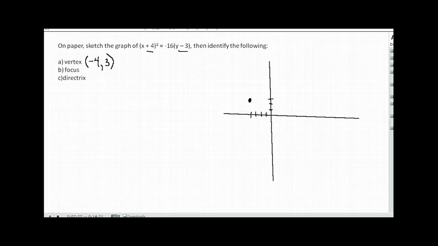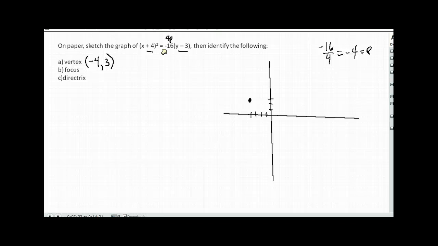Next thing we want to do is find out where our focus point is. Now, two things we need to look at is this number in front of the parentheses here is -16. And again, in the standard form, remember this is 4p here. We need p. So to undo that, we're going to divide by 4. And we get that p is -4, which means our focus point is going to be down 4.